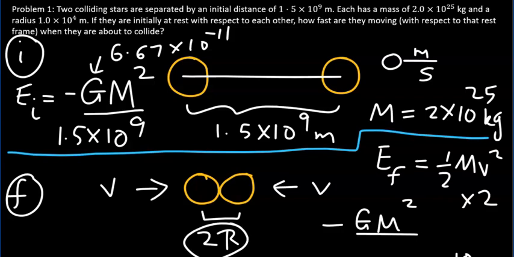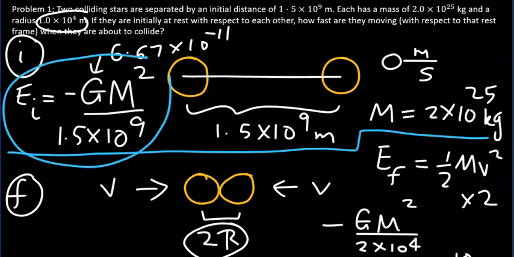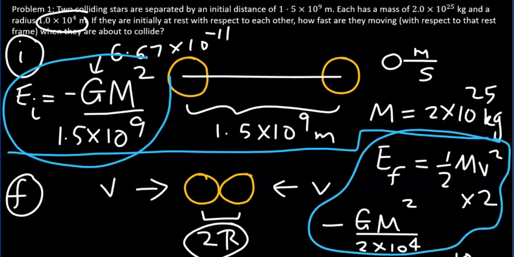The radius is known to be 1 times 10 to the power 4, so 2r is 2 times 10 to the power 4.